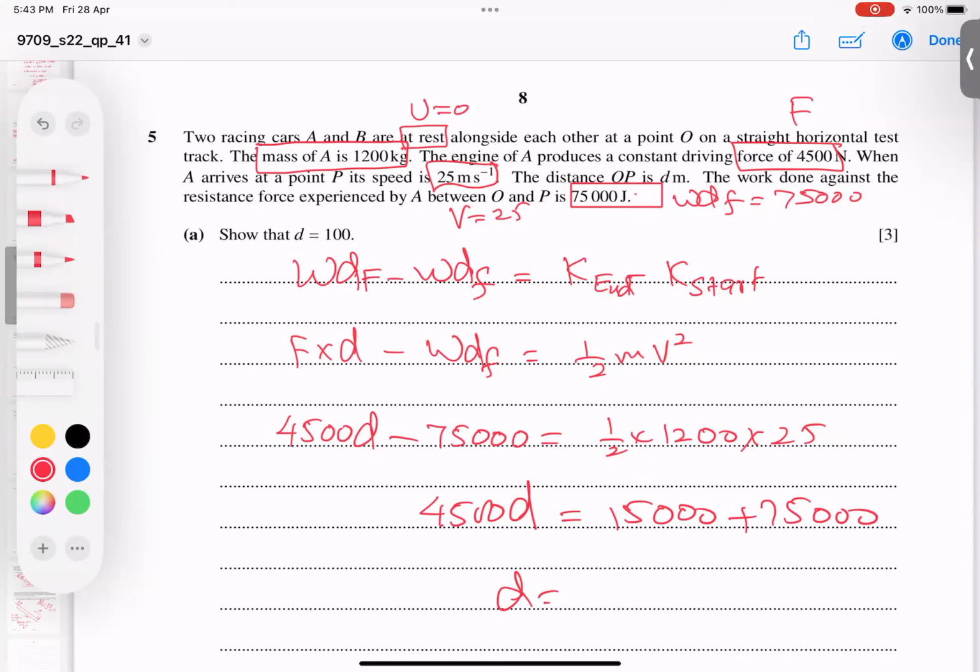Let me recheck. 600 into 25. Oh, it's a mistake here. This should be 25 squared, that is why it is not matching. Now it's okay. This 600 into 25 squared is giving us 375,000 plus 75,000 divided by 4500. And you see, proved.